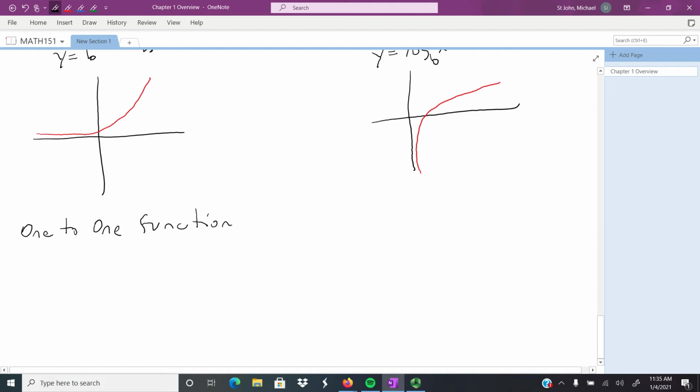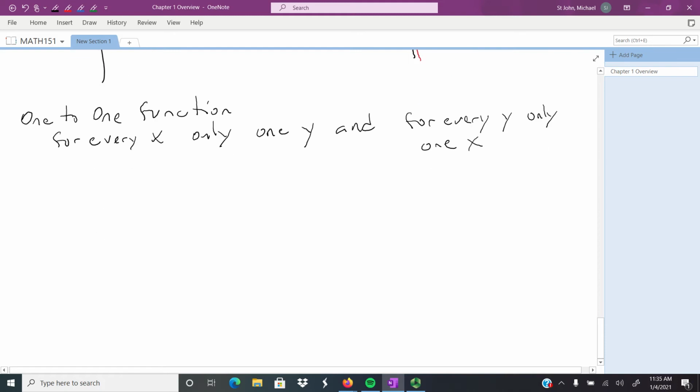In order for a function to be 1 to 1, first off, for every x there is only 1 y, and for every y there is only 1 x. So that was 1 to 1.